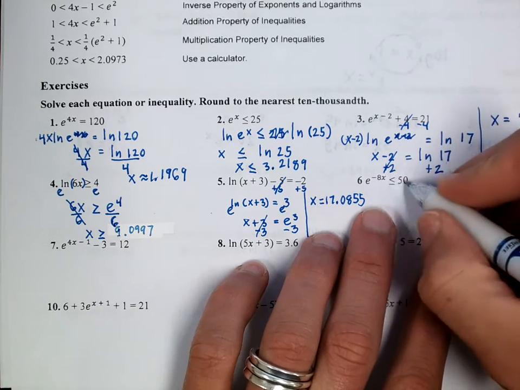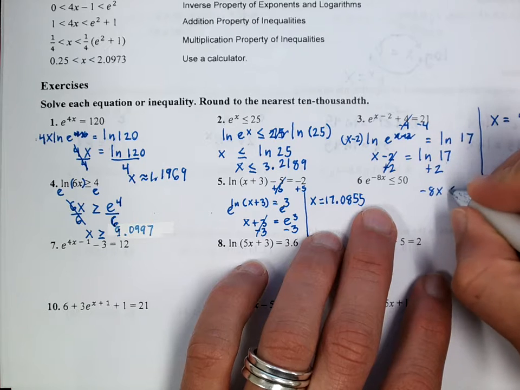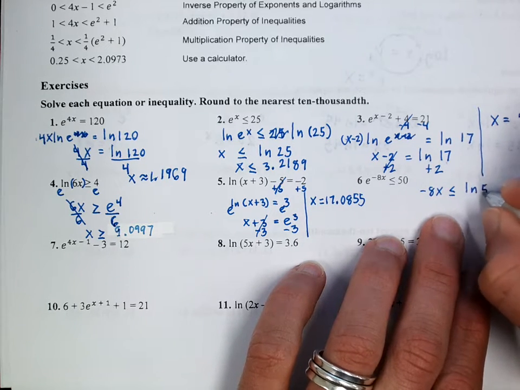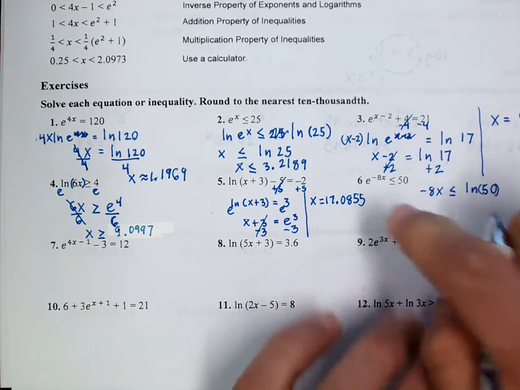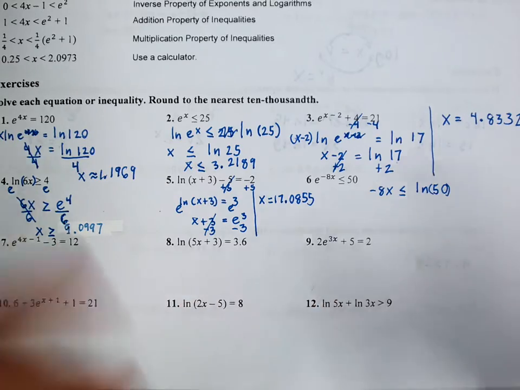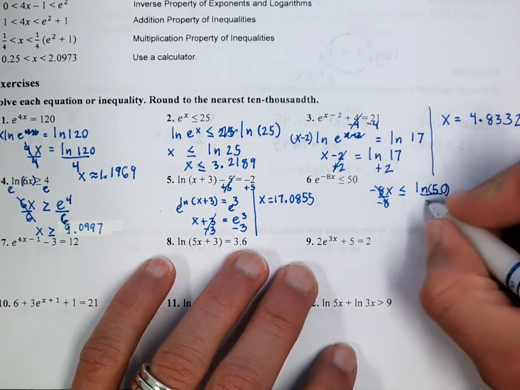I'm going to take the natural log of both sides. When I take the natural log of both sides, I end up with 8x is less than or equal to the natural log of 50. The only thing that's different about this is that when I divide by -8, this inequality is going to switch.